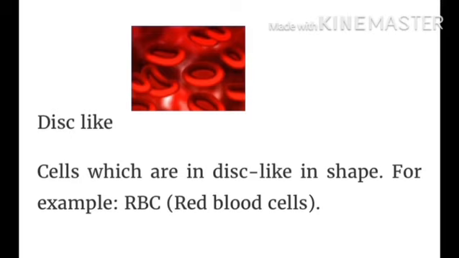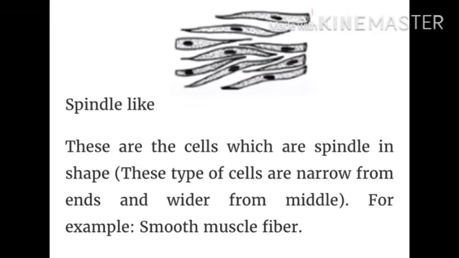Disc-like: the cells which are disc-like in shape, for example RBC. RBC stands for red blood cells. Red blood cells are disc-like, meaning circular in shape. Spindle-like: these are cells which are spindle in shape.